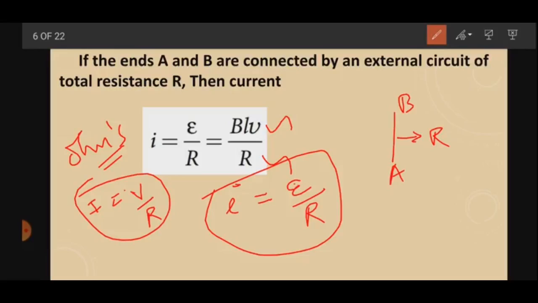The forefinger points in the direction of the magnetic field and the thumb in the direction of motion of the conductor. Then the middle finger will indicate the direction of induced current. So this is an important one. Sometimes they ask 5 marks questions. So students, understand.